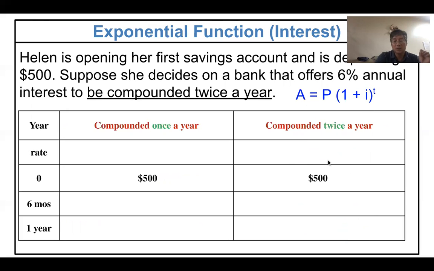We are going to adjust I, the interest rate, and T, the exponent, which will be the frequency, the number of times you get the interest. This is the frequency, this is the rate. Then it'll be simple. You need to change the interest rate and the frequency. So how? Let's go.